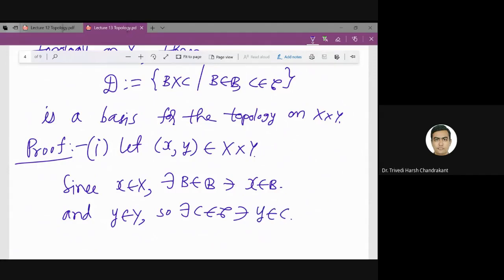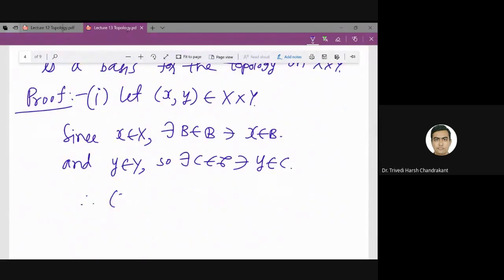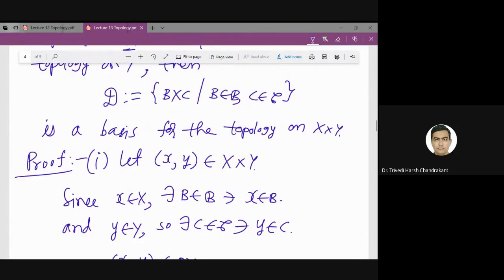And then we know that (x, y) belongs to b cross c, because x belongs to b, y belongs to c, and then we know b cross c belongs to D.